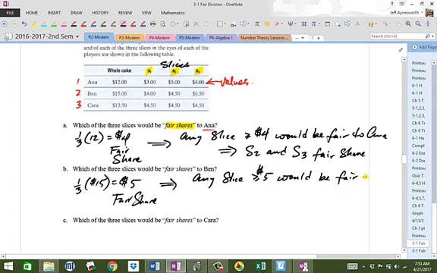So which ones would Ben consider fair? Well, not this one here, 4.50 is not greater than or equal to 5, that wouldn't be fair, but 6.50 would. So only the third slice, S3, which is 6.50, would be fair.